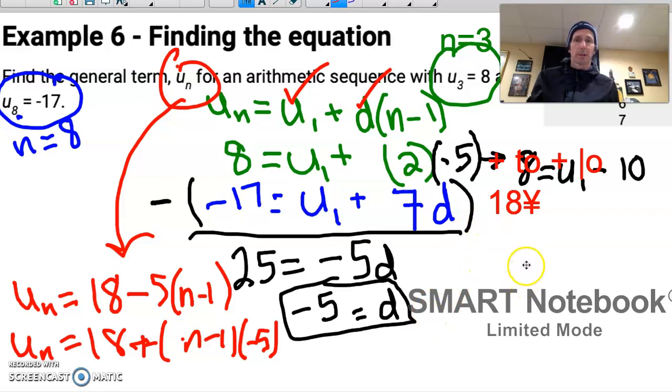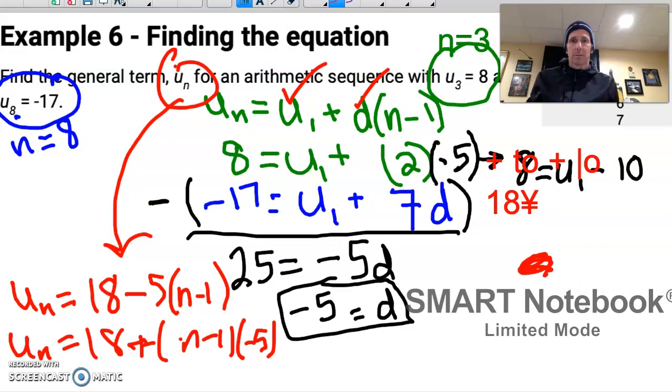There are other ways to find that common difference that we can play around with a little bit. If I take the 8th term, sorry, I'm almost out of time, but if I take this, negative 17, goodness gracious. If I run out of time, I'm going to switch over and just show you the next example because I have answers for it for you.